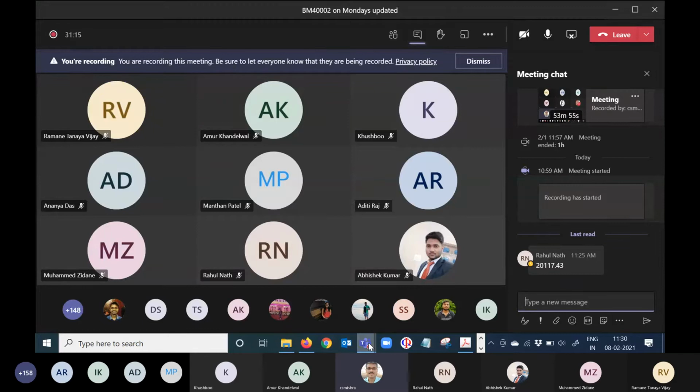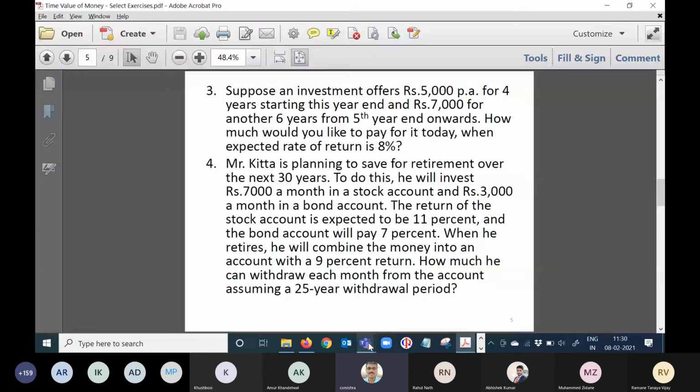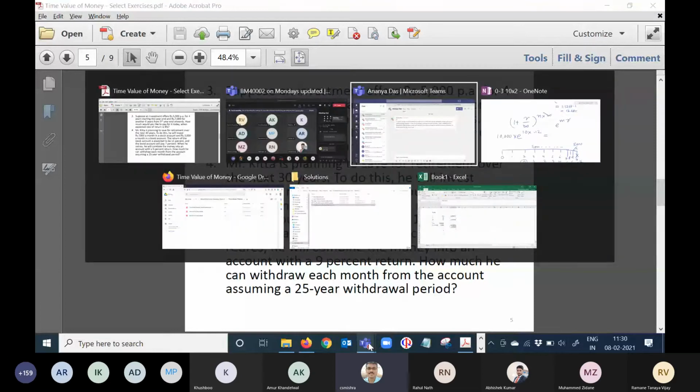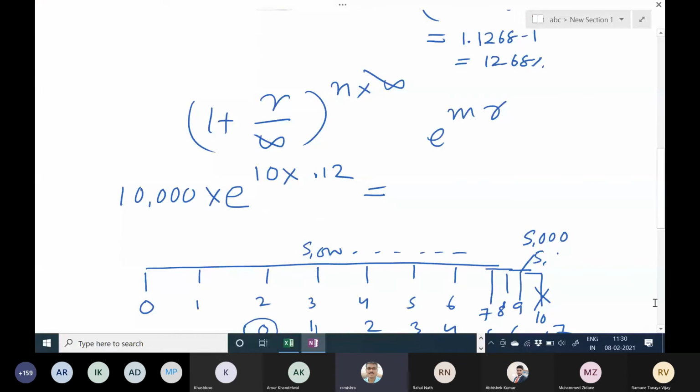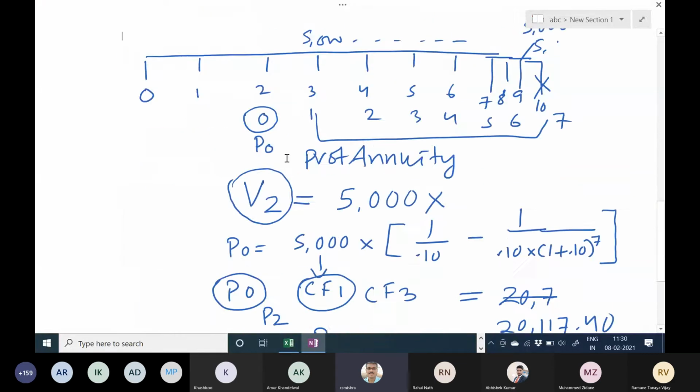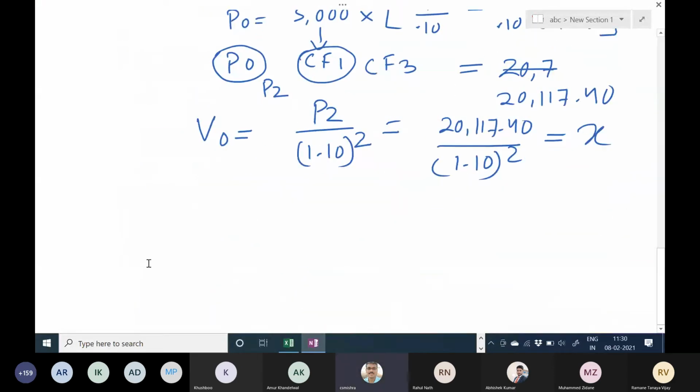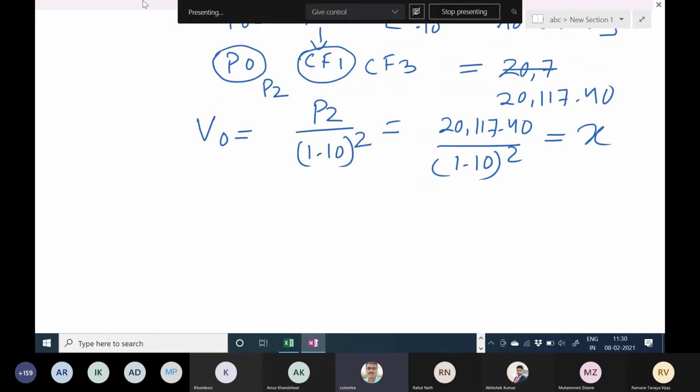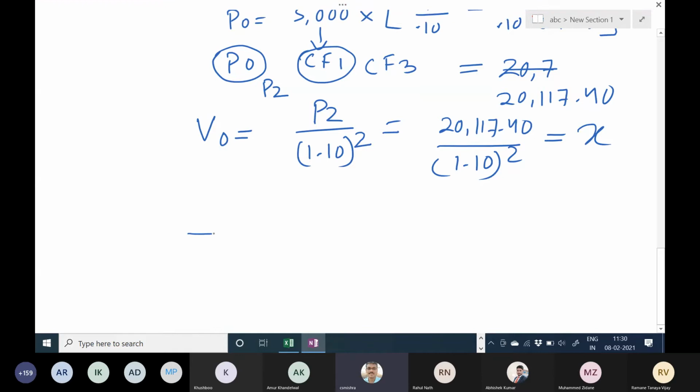Okay, so if I go back to the exercise, you get 5,000 for 4 years, 7,000 for another 6 years from the 5th year onwards. So if I go back to our timeline, rightly done by your students, you are today at 0.